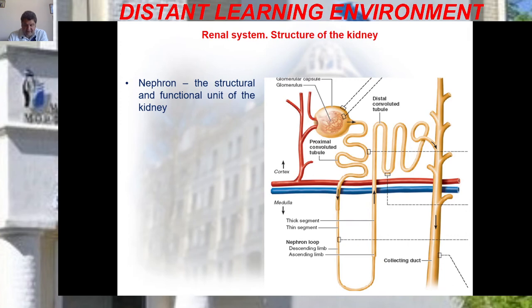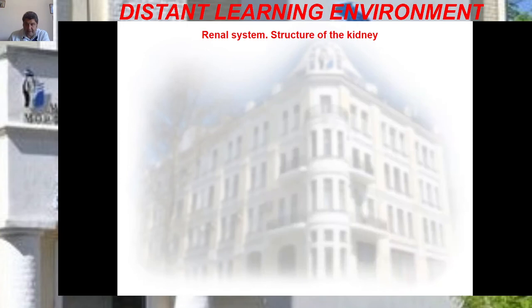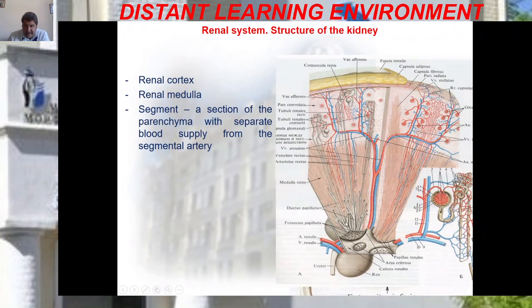The straight tubules gradually fuse with one another to form 15 or 20 short papillary ducts, ductus papillaris. You may see these ducts here on this picture, opening by means of the papillary foramina, foramina papillaria, in the cribriform area on the apex of the papilla.